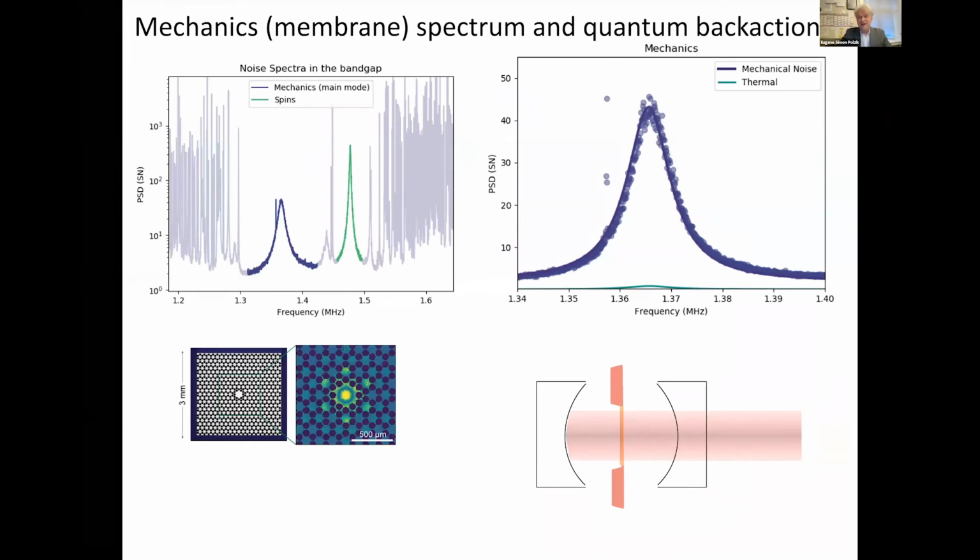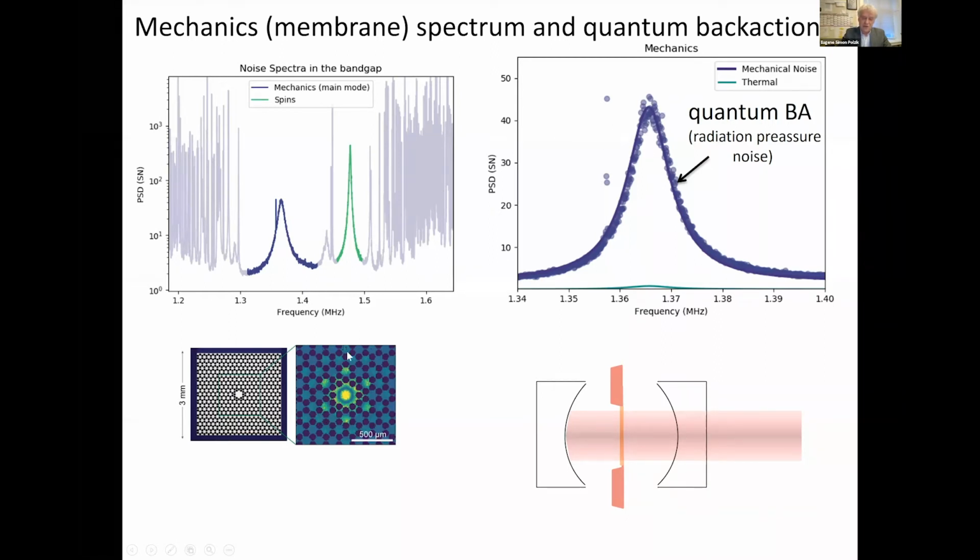Okay, so now we take this mechanical system and put it into an optical resonator. The mechanical oscillator oscillates, in my case at a frequency of about 1.3 megahertz.